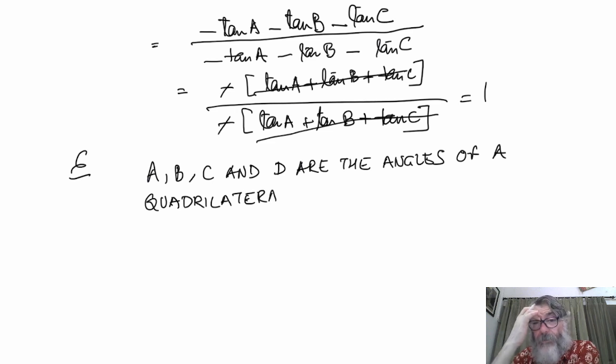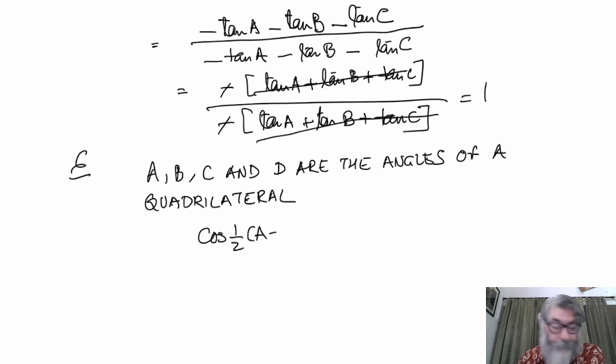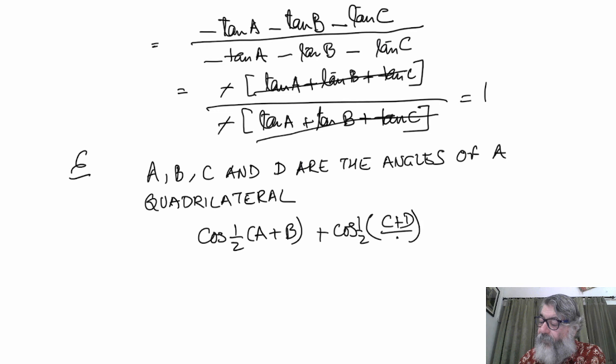We have to prove that cos half of A plus B, plus cos half of C plus D, will be equal to 0. We have to prove this.